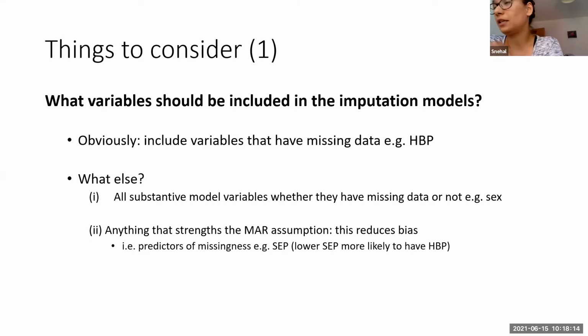Yeah, social class is a great predictor of missingness because, in this case, people of low social class are more likely to have high blood pressure. So whether or not you're looking at social class in your main models that you want to present in your paper, it doesn't matter. You want to include social class as a predictor of missingness in your imputation models. Okay.